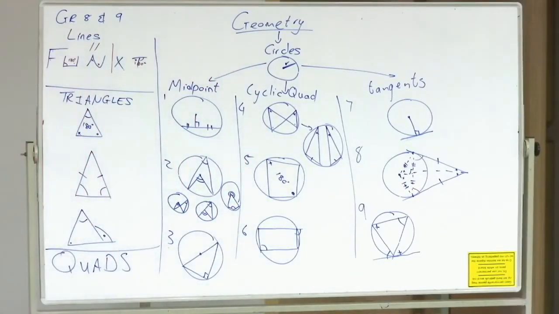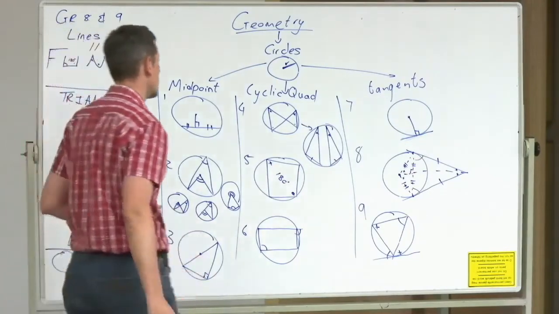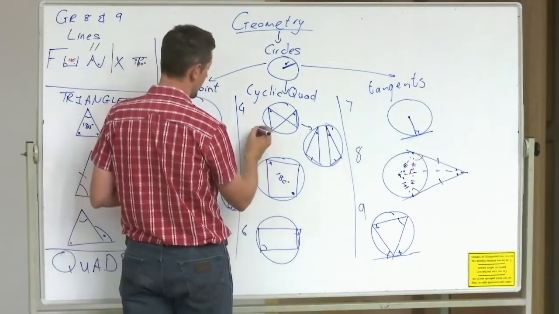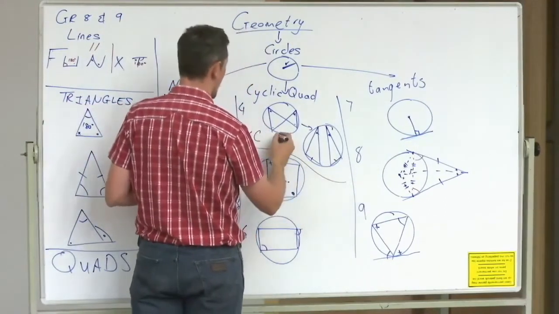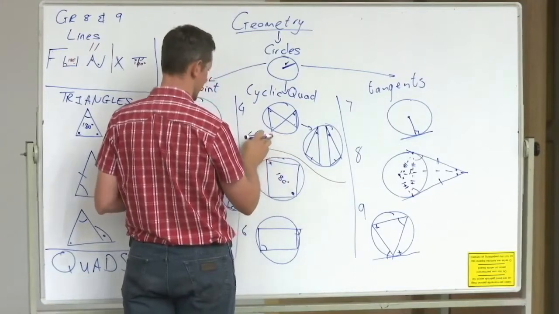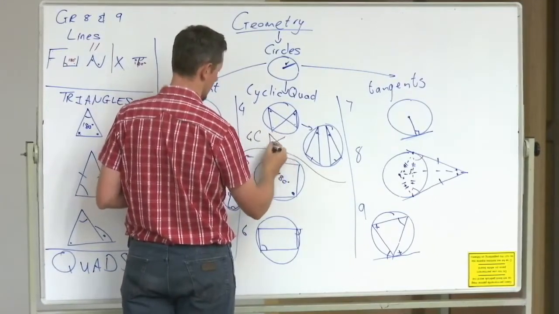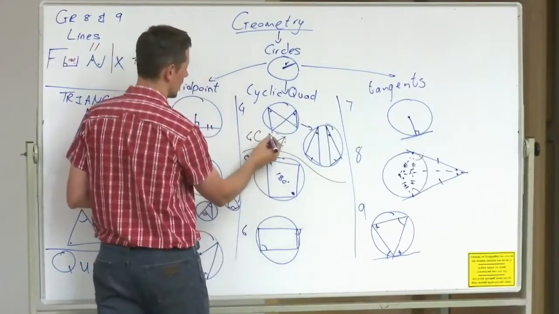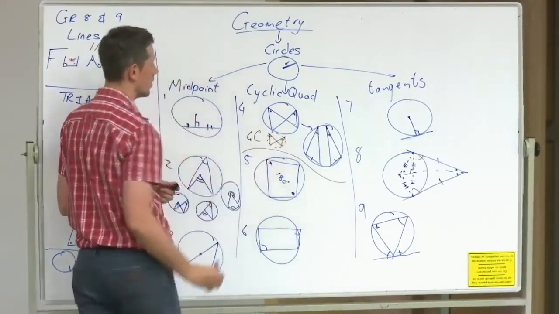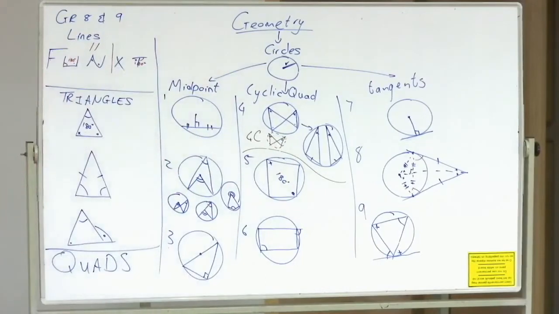Now, please, ladies and gentlemen, do not forget about the converses, which says for theorem 4's converse, if I have a bow tie, then it could lie in a circle.